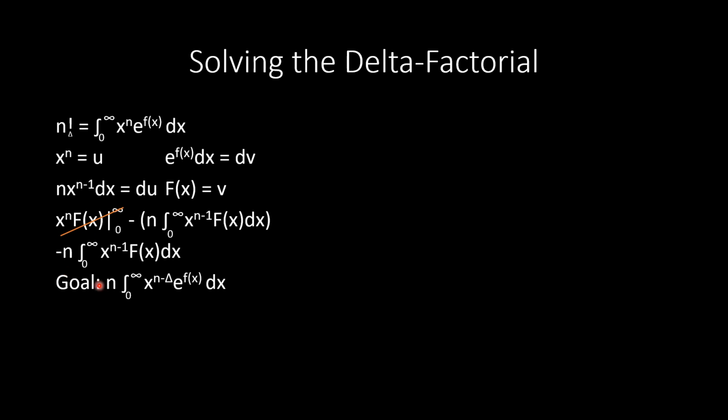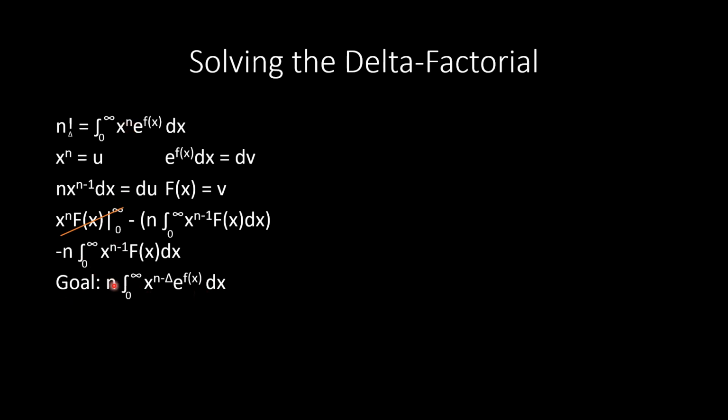Now, we know that we want it in a form similar to how we had it with the regular factorial. Since the regular factorial is x times x minus 1 factorial, we want a form for the delta factorial as n times n minus delta factorial, which can be just replaced with the n minus delta in place of this n.